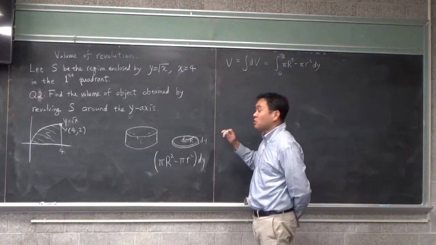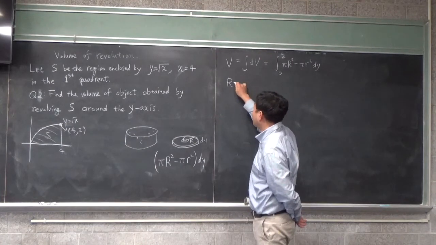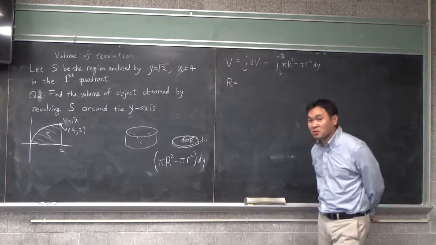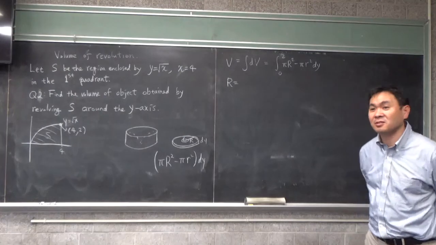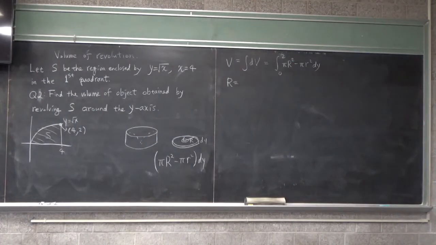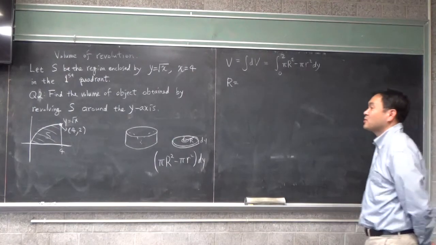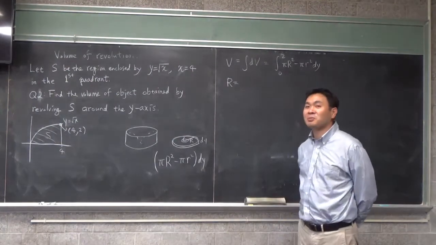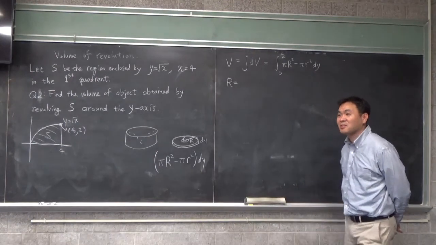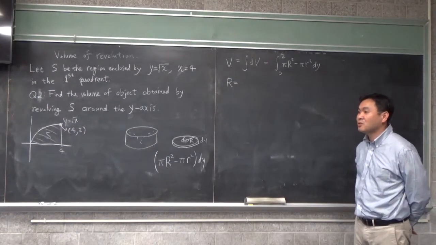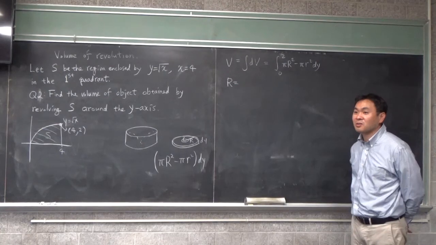I think the easier one is capital R. What's capital R? Can anyone just look at the picture and decide? Wouldn't it be the square root of x minus 0? No, it's not. Think about the picture before you say it. Big R will just be 4. Why?